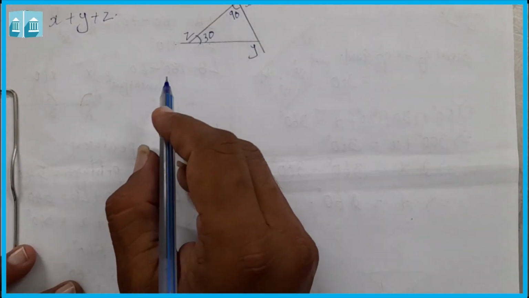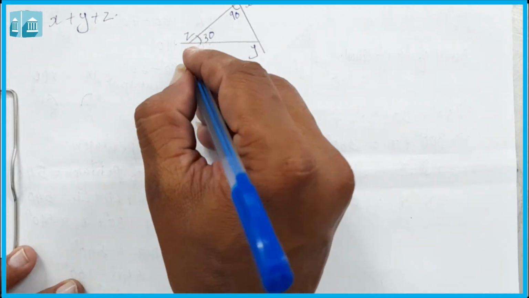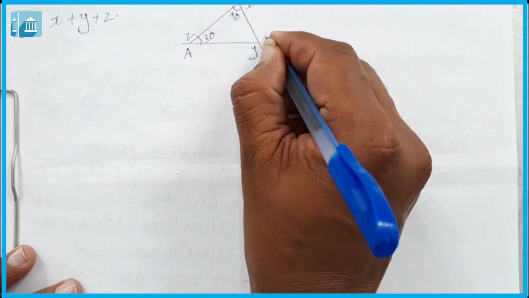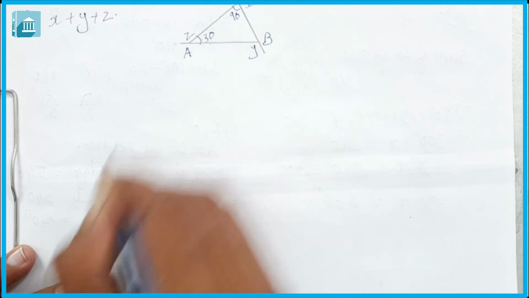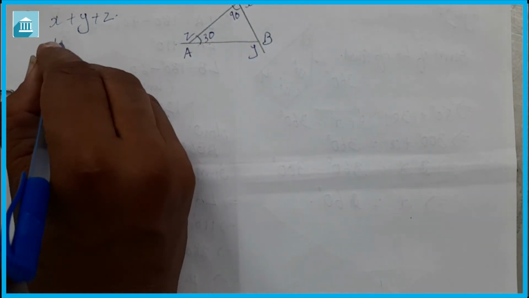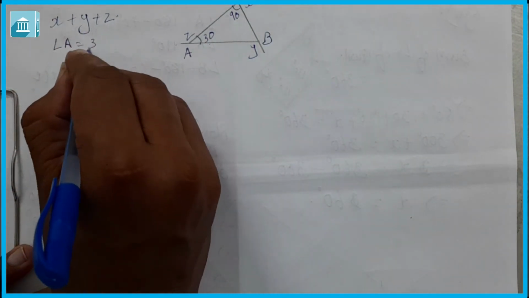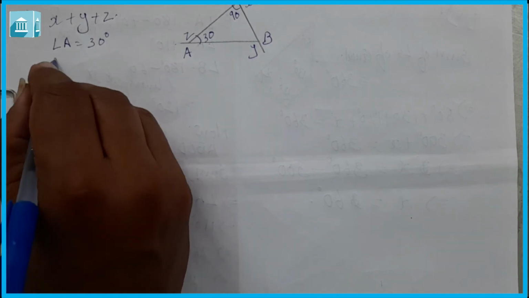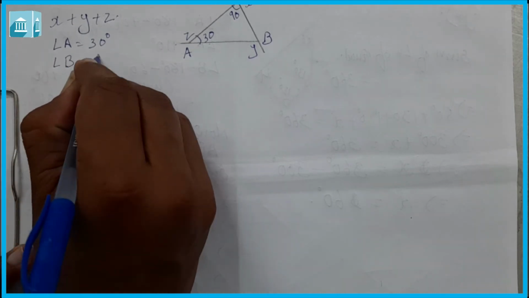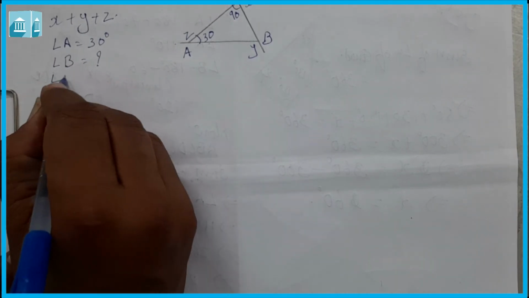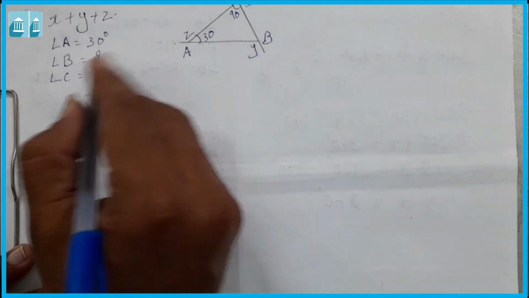Now with this figure, again we can give names like this, A, B and C. Then angle A is equal to 30 degrees, angle B is not given, angle C is again 90 degrees.